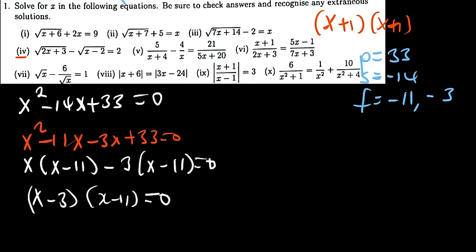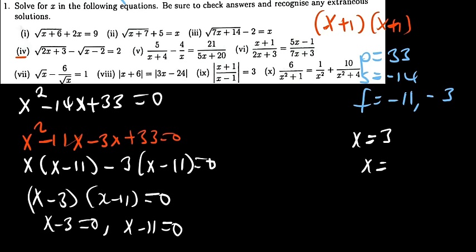That is now x minus 3 is equal to 0, x minus 11 is equal to 0. Meaning if I shift 3 to the other side, I'll have x is equal to 3, and the other one will be x is equal to 11. Now, sometimes if you don't want to waste time, this is what you do.